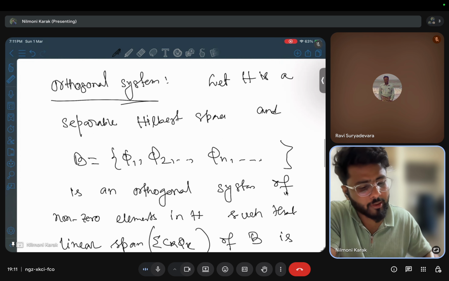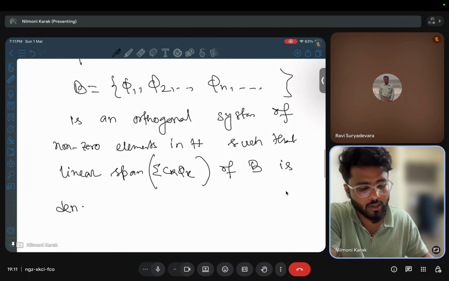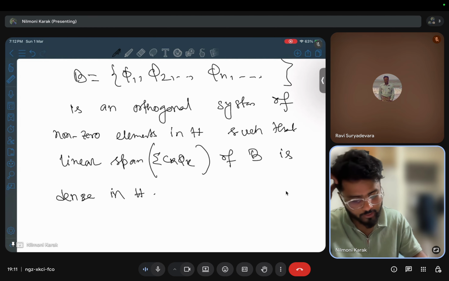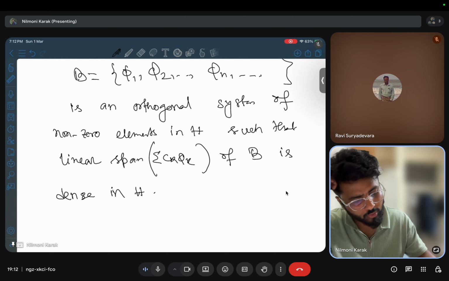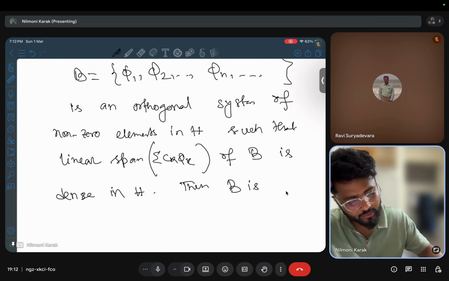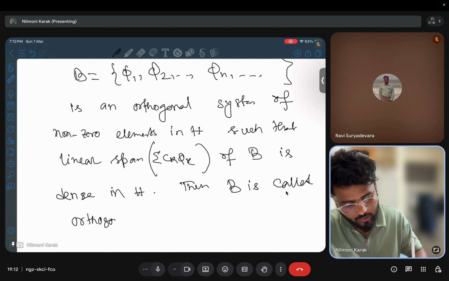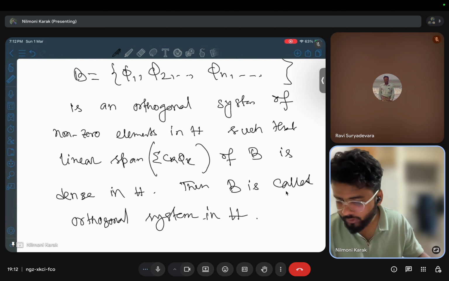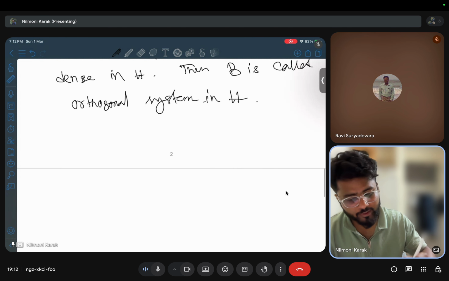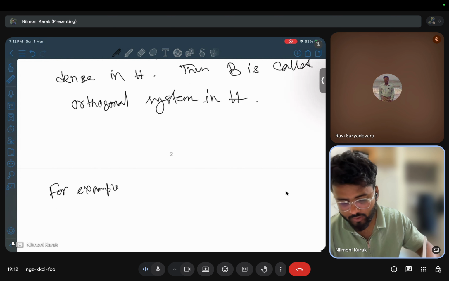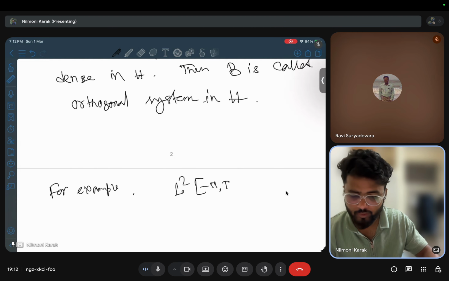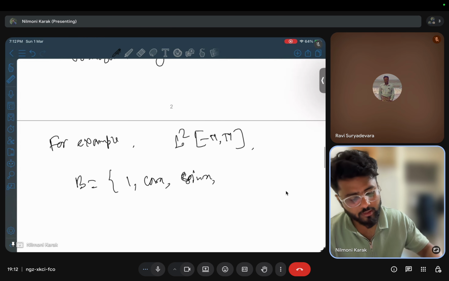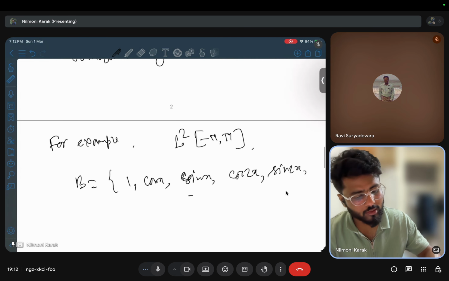Do you know what is a separable Hilbert space? Separable means it has a countable dense subset. So dense in H, and if this holds, then B is called an orthogonal system in H. For example, consider the Hilbert space on minus pi to pi and consider 1, cos x, sin x, cos 2x, sin 2x, and so on.